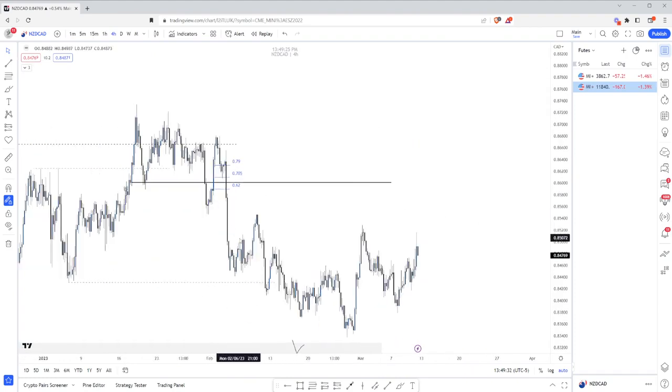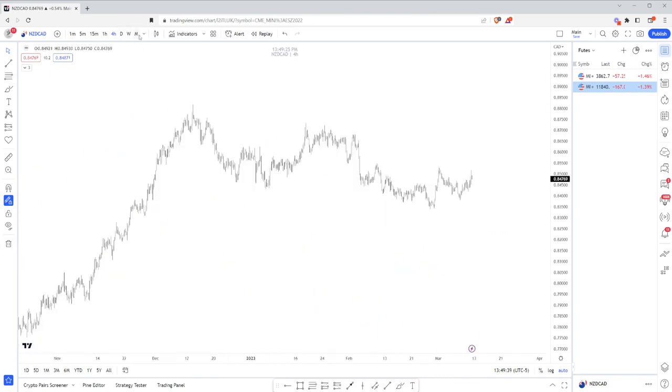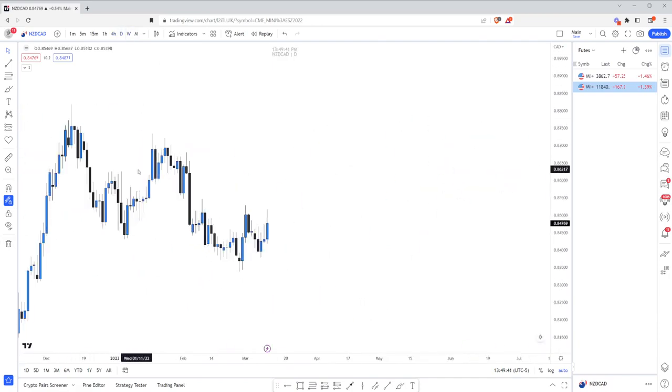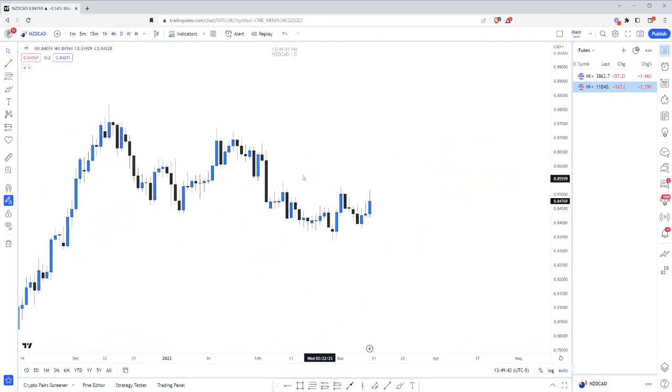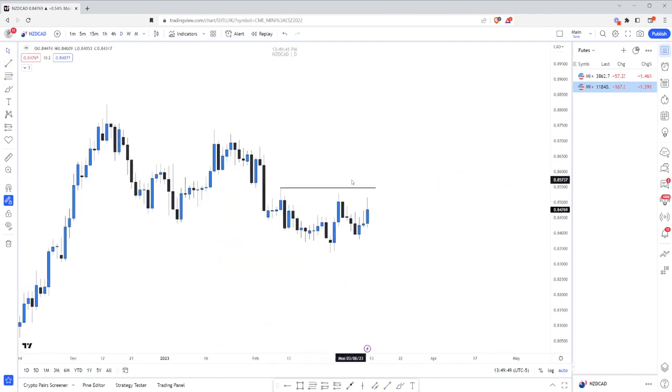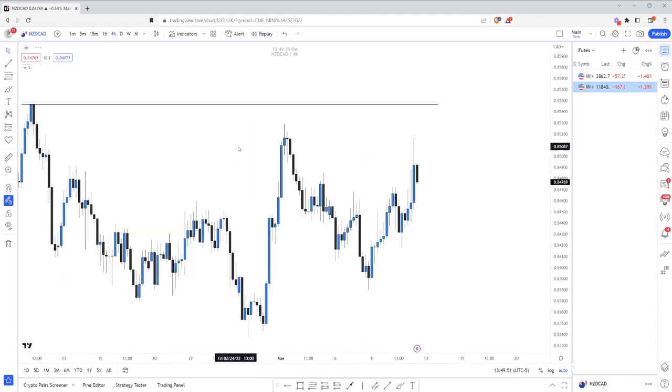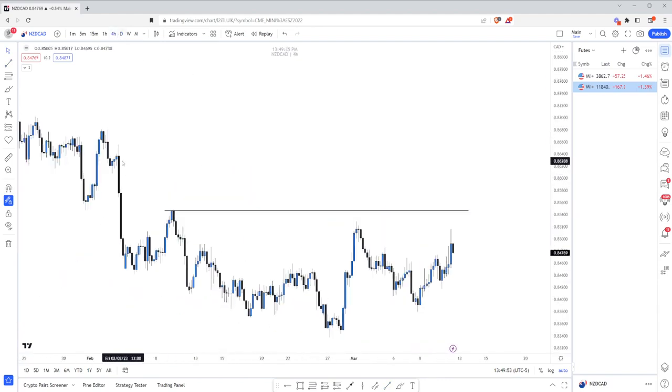This looks like it went. I think the last time I looked at it was down in this area. Just clean the whole chart off. I'd say it's probably going to take out these highs, or at least that one. There you go. That's clean.